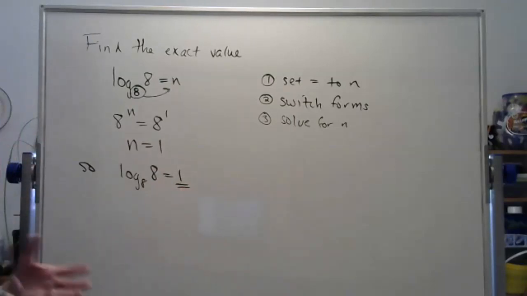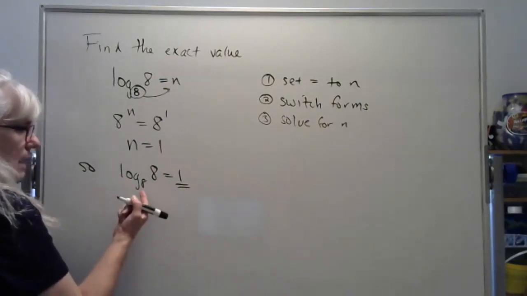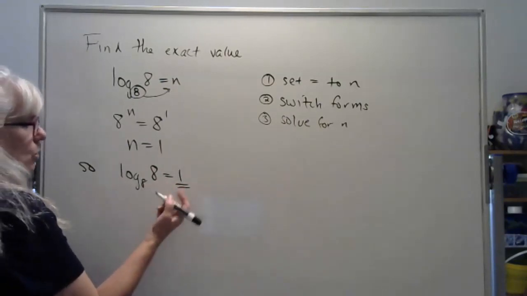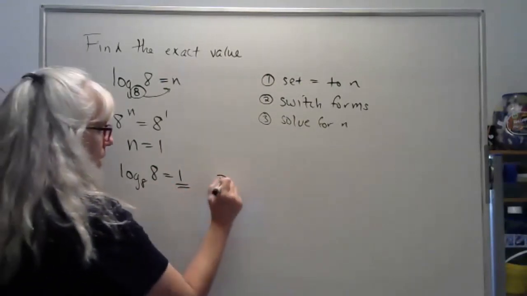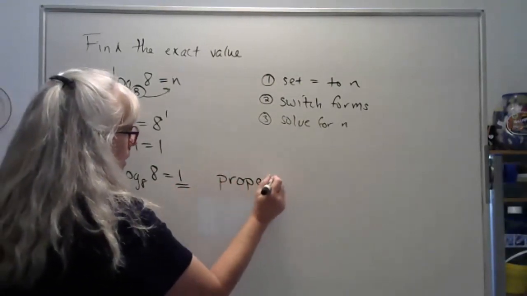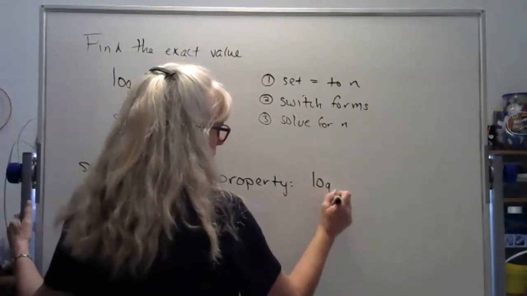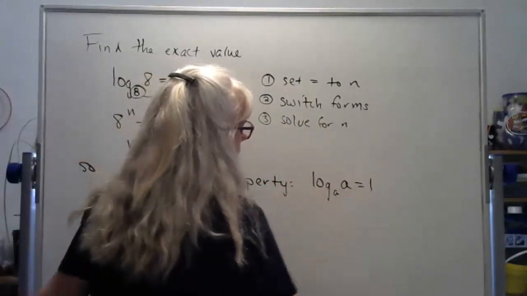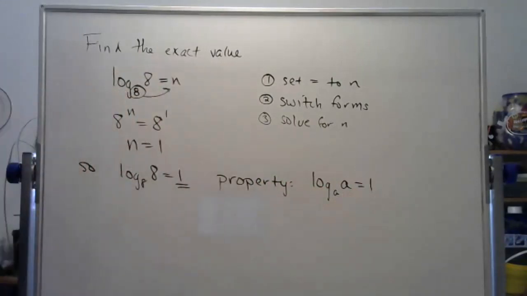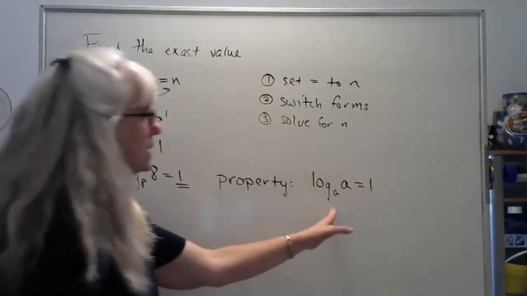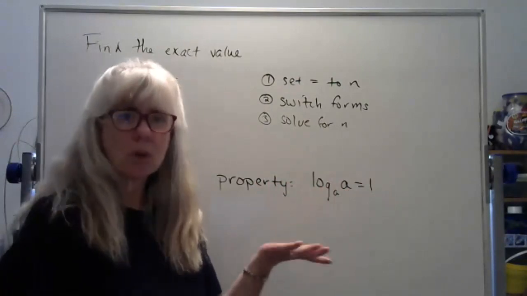Something really momentous just happened, and this will become a property: log base a of a is equal to 1. And there it is. Anytime the base and the inside are the same, you get a 1.